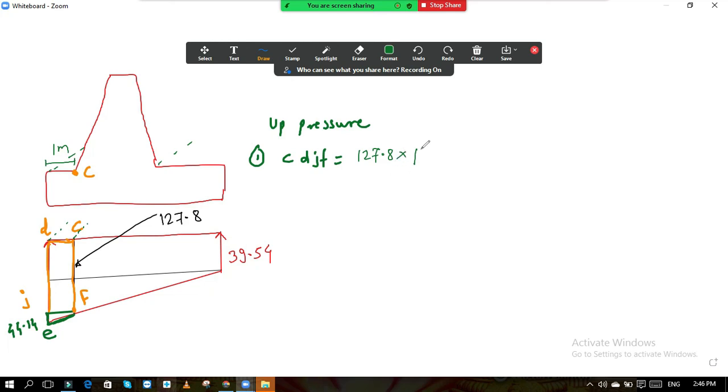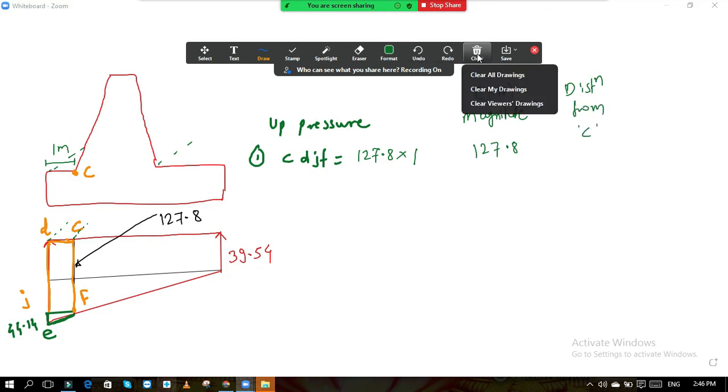This is the upward pressure. So what is the magnitude? Magnitude we have got 127.8 kilonewton. Magnitude is in kilonewton. Then distance from point C. What is the distance?